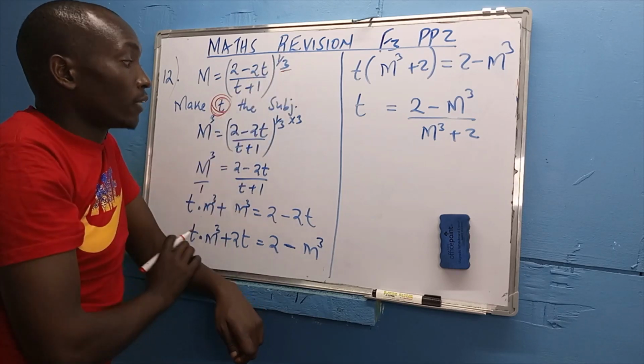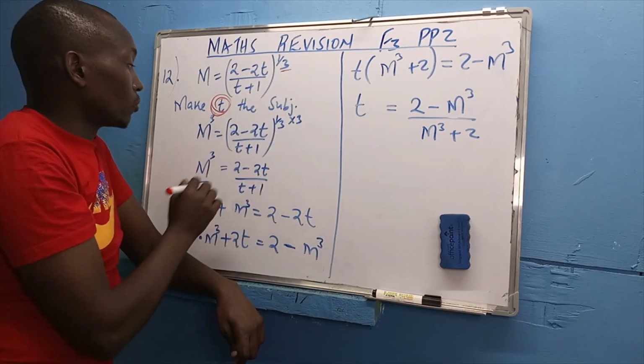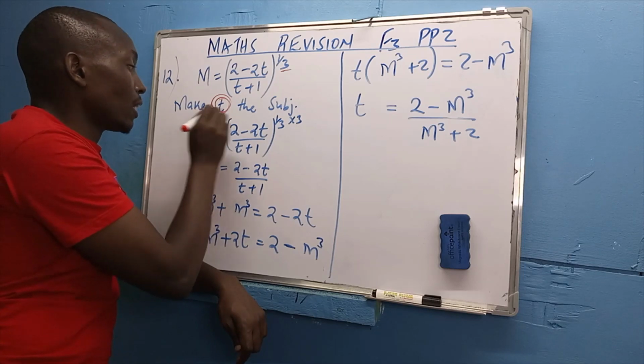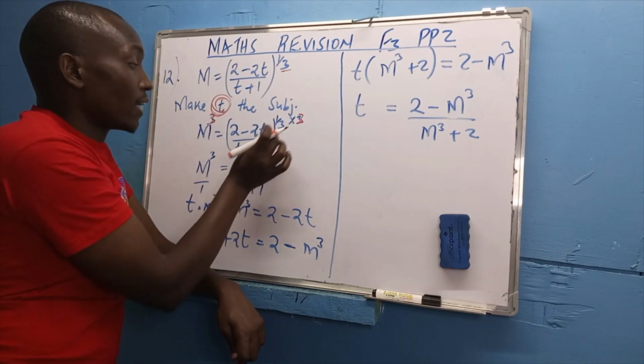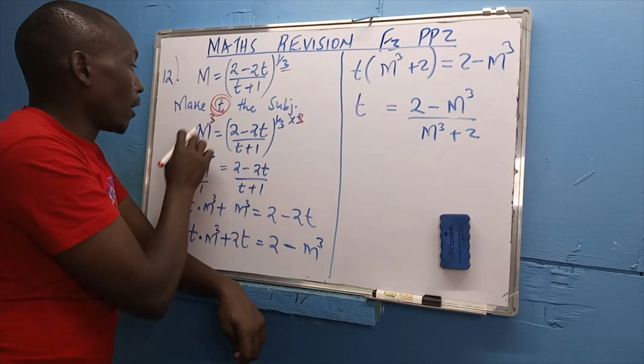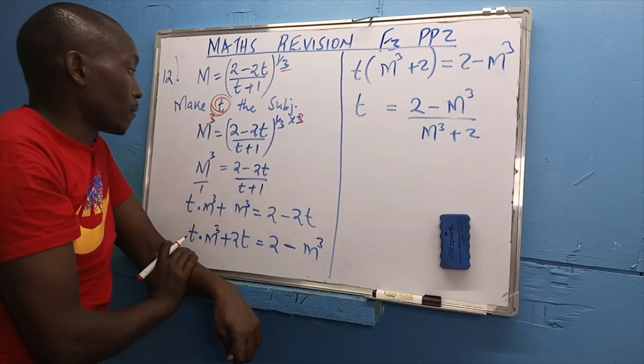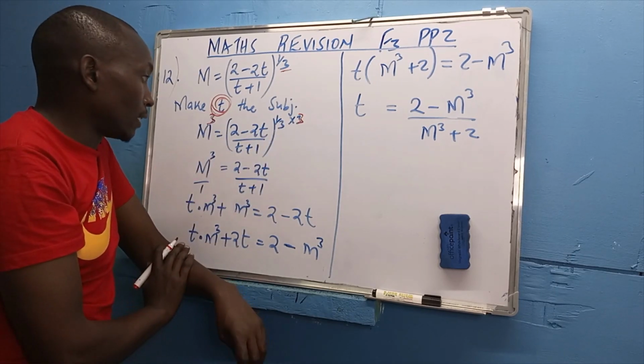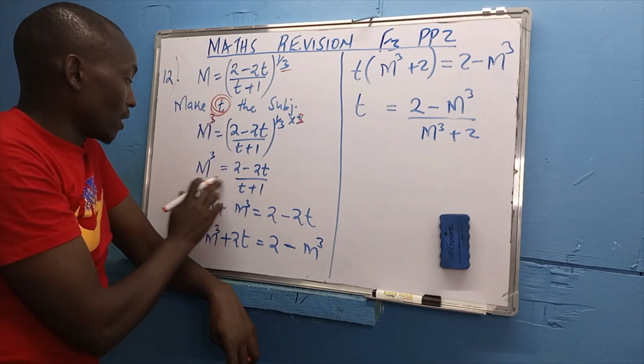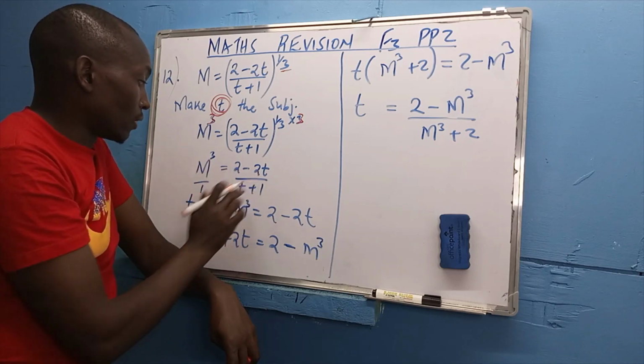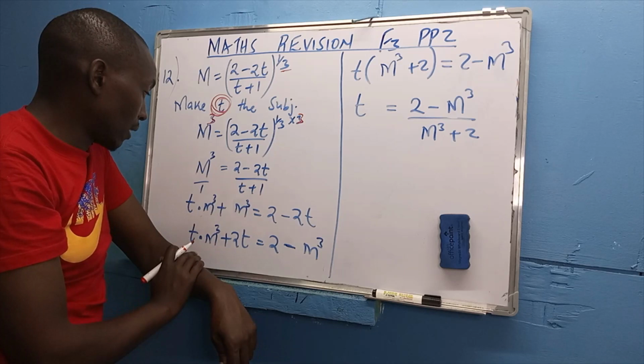So the reverse of cube root is cube. So I need to cube both sides. So what I'll do on this side, 1 over 3 times 3, m raised to power 3. So with that, the cube root sign is gone. So I will remain with m cubed is 2 minus 2t over t plus 1.